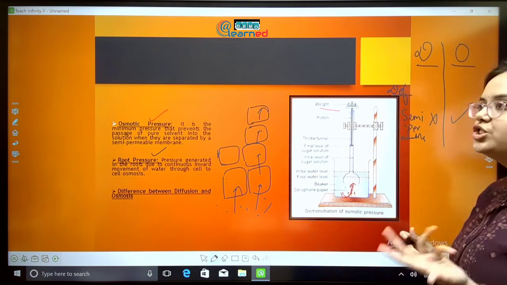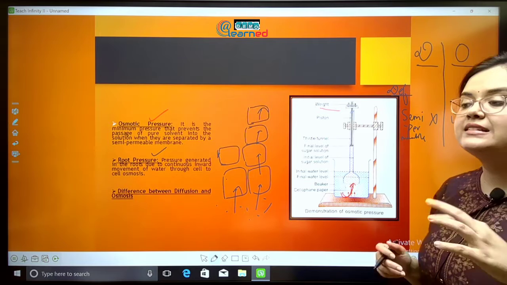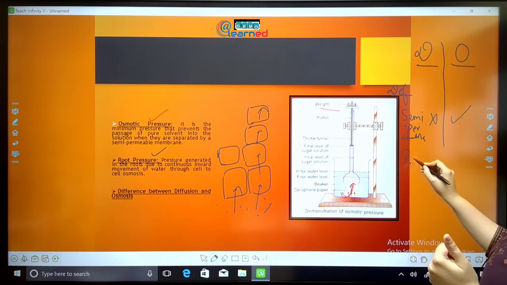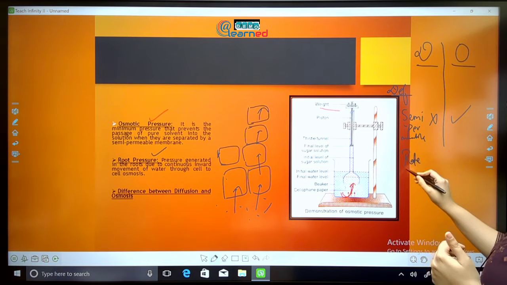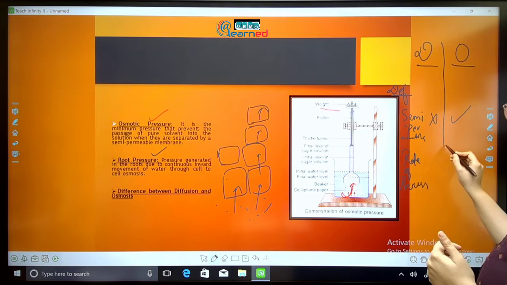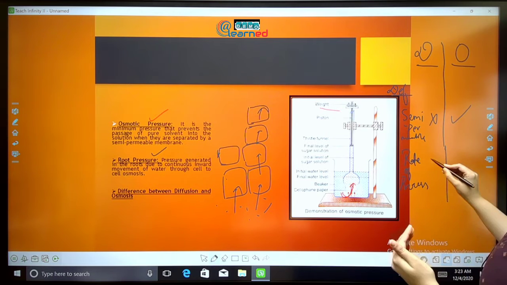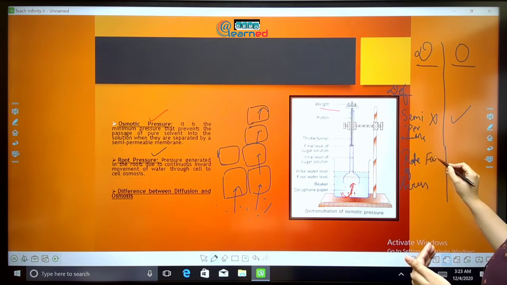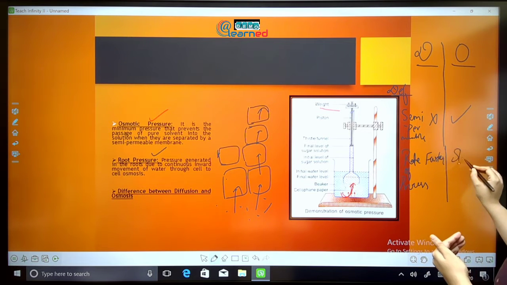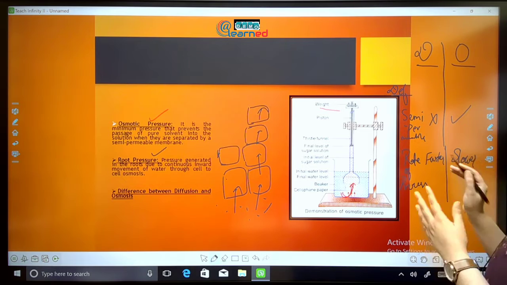Then for diffusion, what else can you write? Diffusion can happen in gases also and is a much faster process. If you write the rate of the process, then diffusion is faster or rapid, whereas osmosis is rather slow, slower than diffusion.